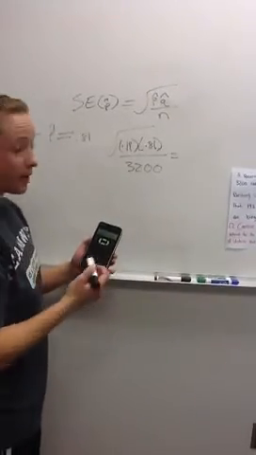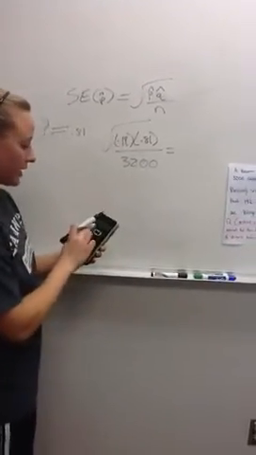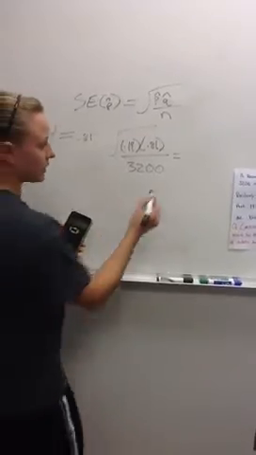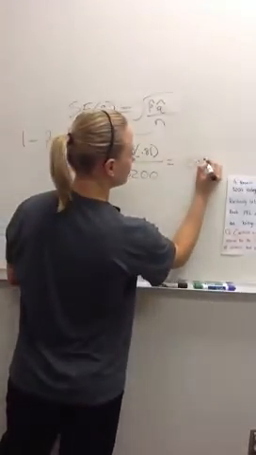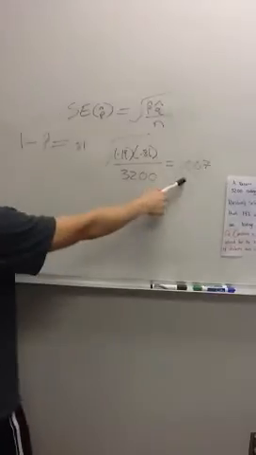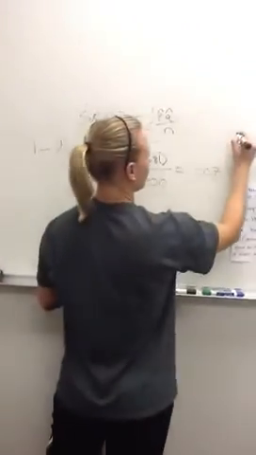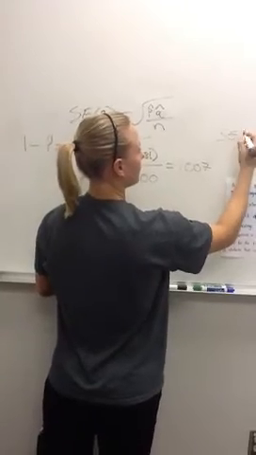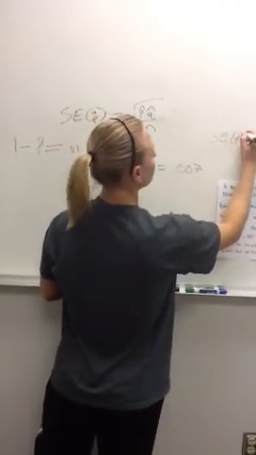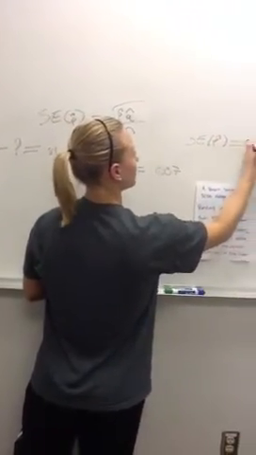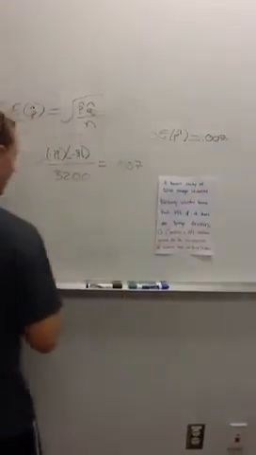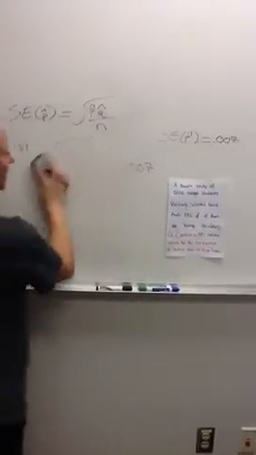For this, we're going to round to the third decimal, so I'm going to round that to 0.007. We're actually going to be using this later in the problem, so we're going to hold this off to the side here. SE of p hat equals 0.007, because we're going to have to plug it back in.